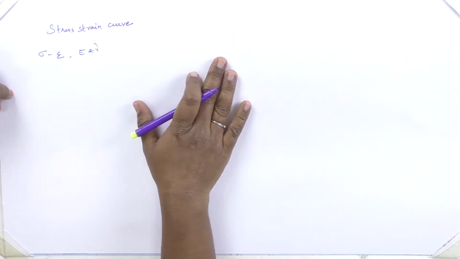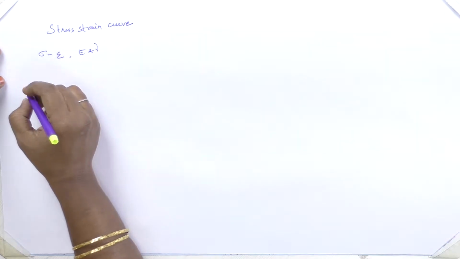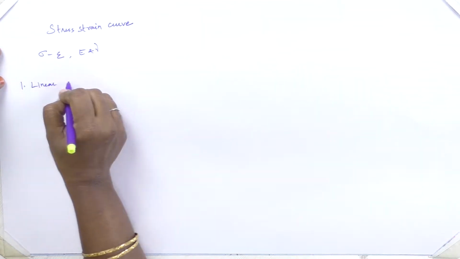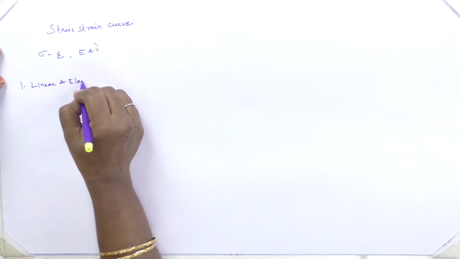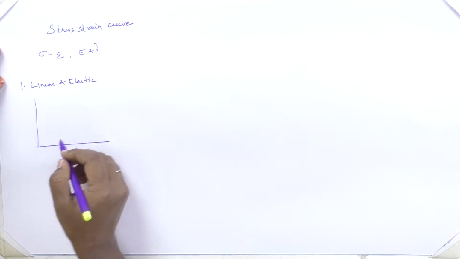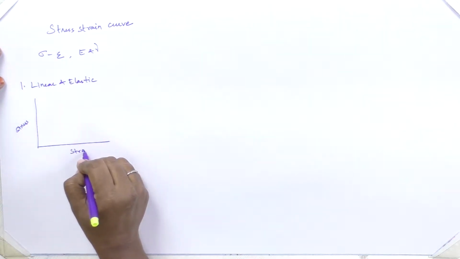The stress strain curve for a material is classified into 4 types. First one is linear and elastic. This is the stress and this is strain.